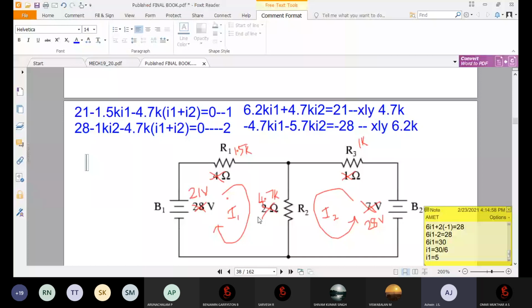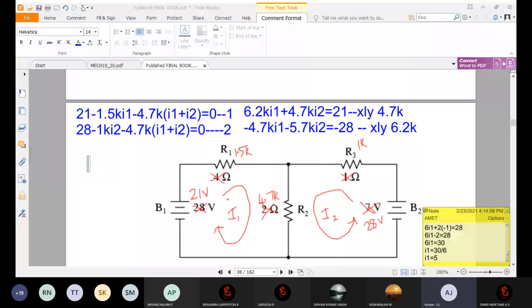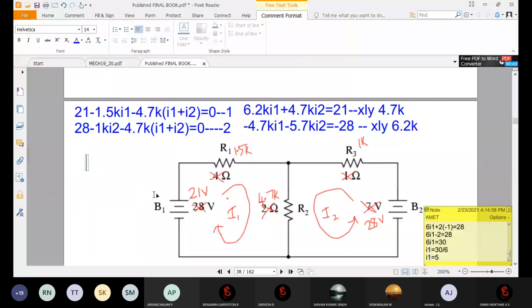Guys, completed? Anyone? Sir, write the value, sir. Yeah, tell me the value. Minus 13.25, minus 13.25. Is this I1 or I2?